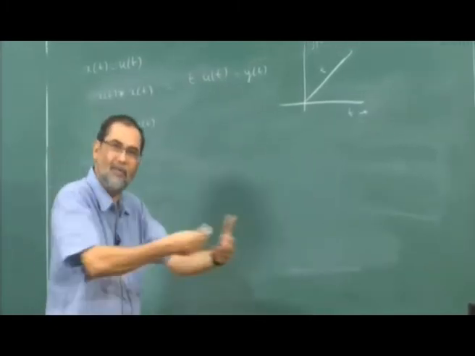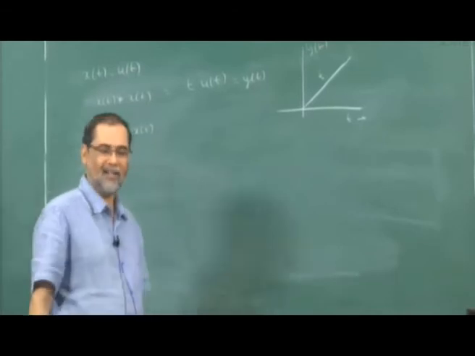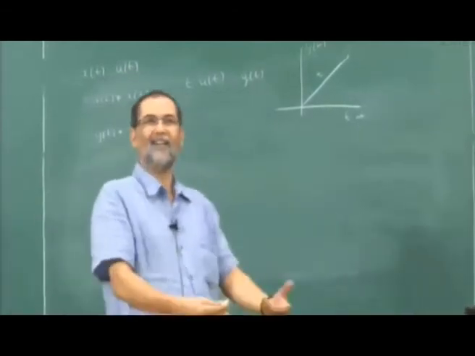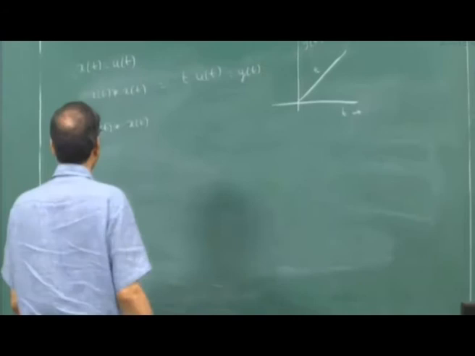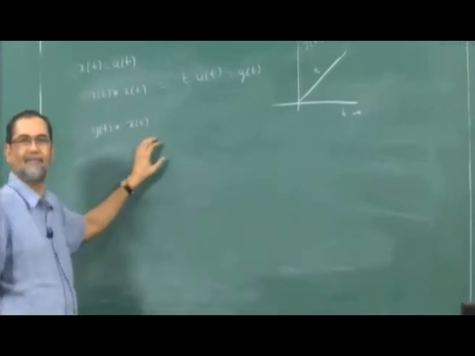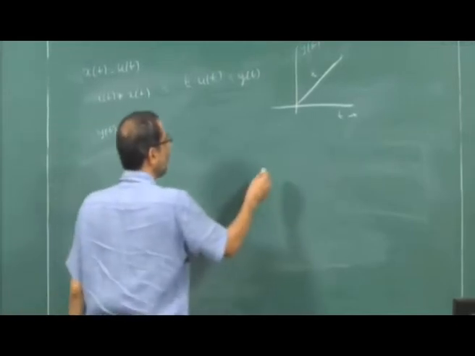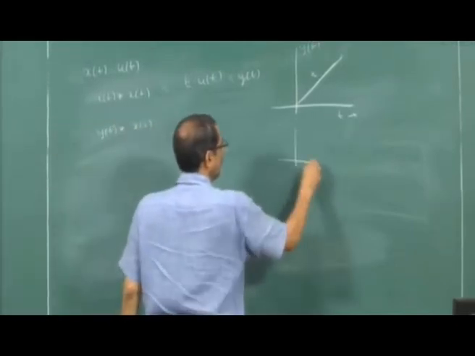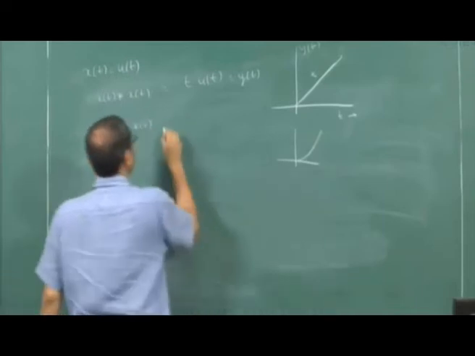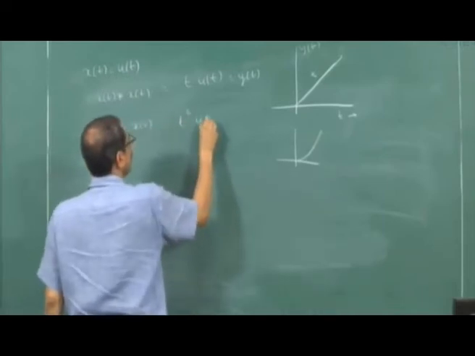Then if you carry out the operation sequentially once again, if you do y of t with x, what will happen? I think it becomes t square, a parabolic function. This probably becomes t square u of t.